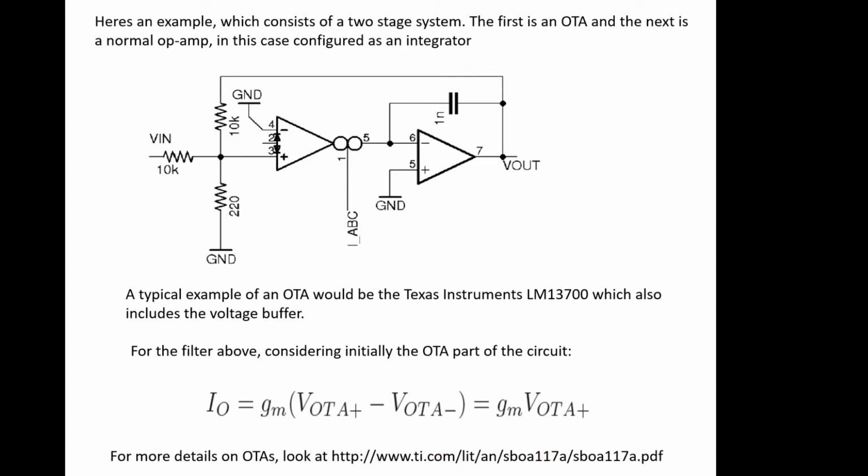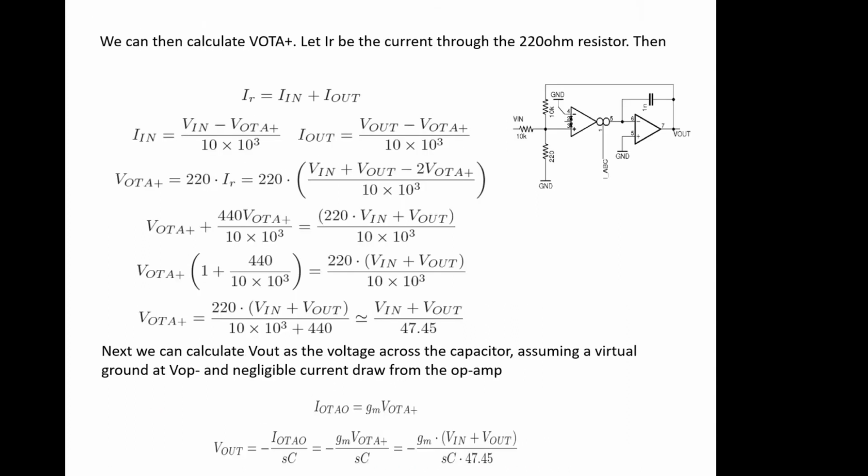They're not common, but they're quite interesting and can be useful in certain situations. And then if you wanted to, you could analyze this using standard node analysis and the standard analysis for op-amps. So we'll just look at what's going on at VOTA here. We call this the VOTA. And so we would just work out what's going on by doing a nodal analysis for these components here of what's going on here.